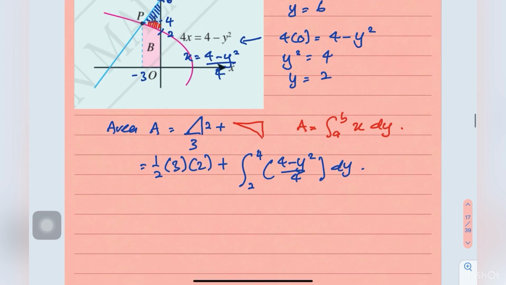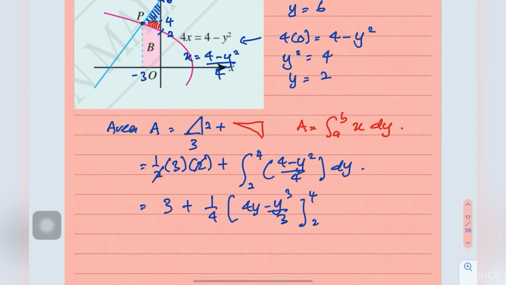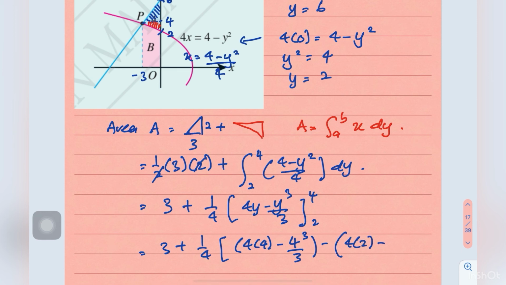Then we solve. Area of triangle is 3, plus 1 over 4, which I can move out, then integrate: 4y minus y cubed over 3, from 2 to 4. So 3 plus 1 over 4 times (4 times 4 minus 4 cubed over 3 minus 4 times 2 minus 2 cubed over 3).